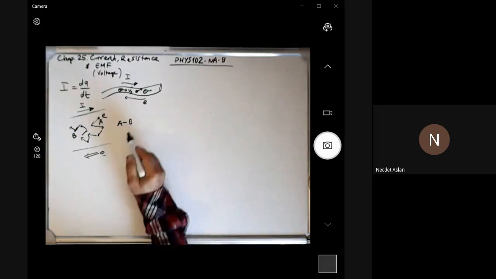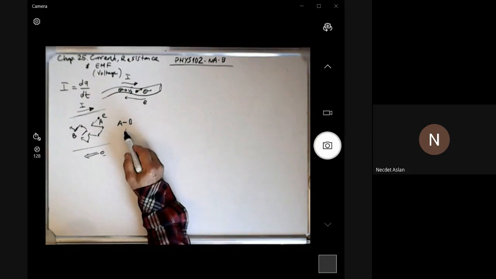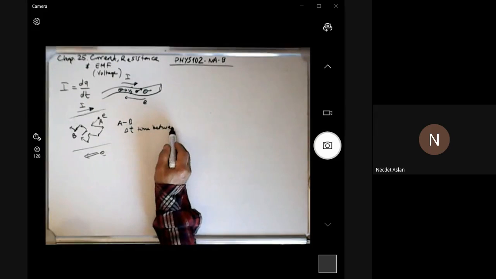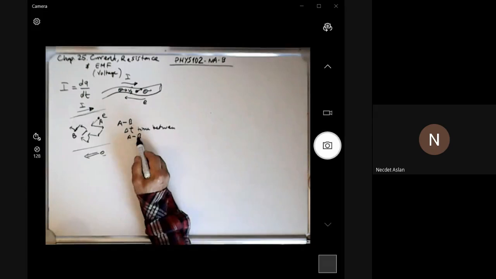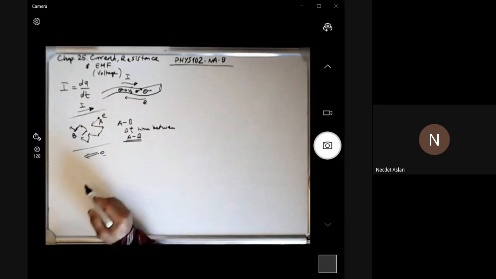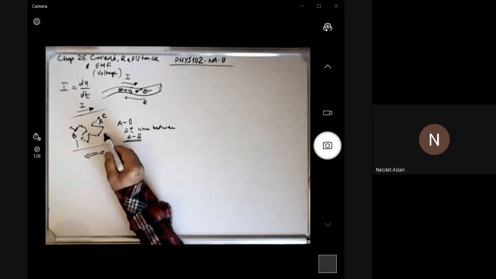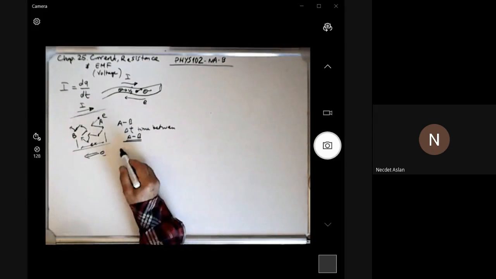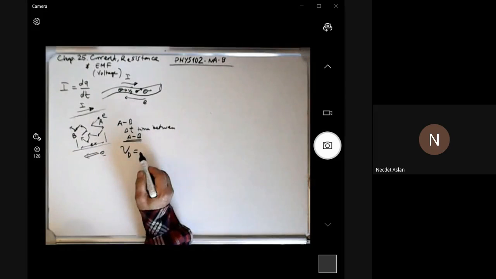Suppose this is delta t, the time between A and B. If we measure the distance, delta x, the velocity, which is called the drift velocity, will be given as delta x over delta t.